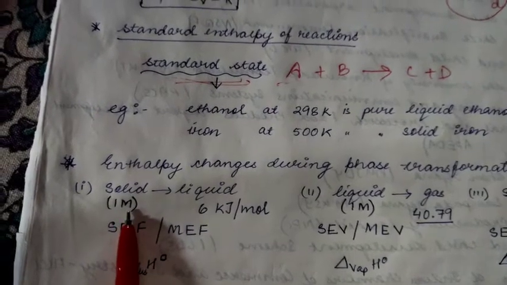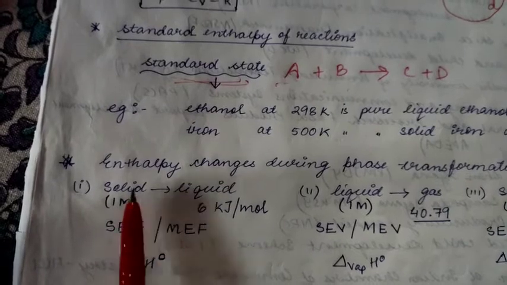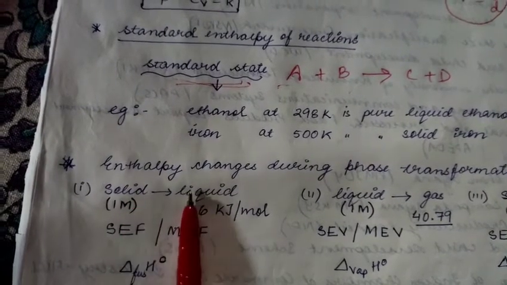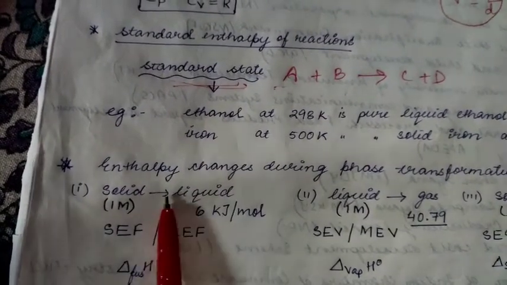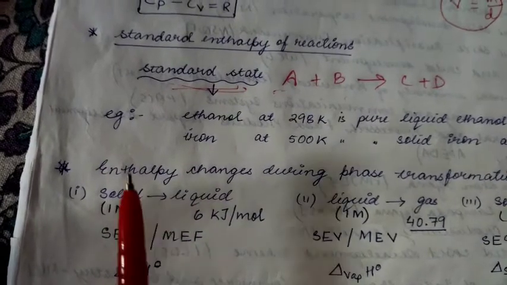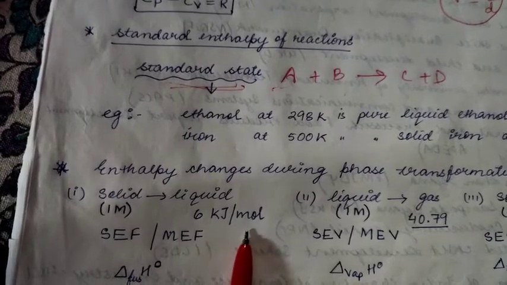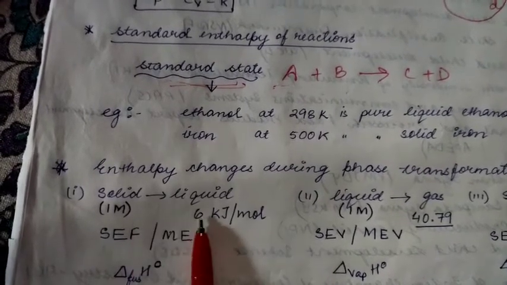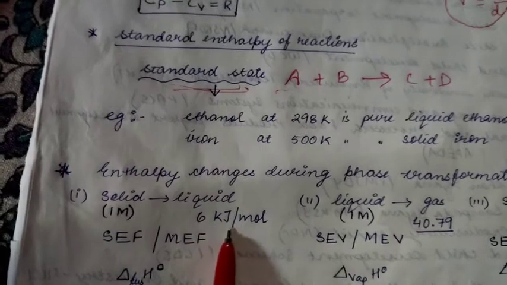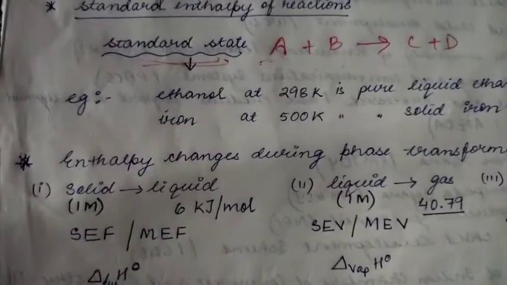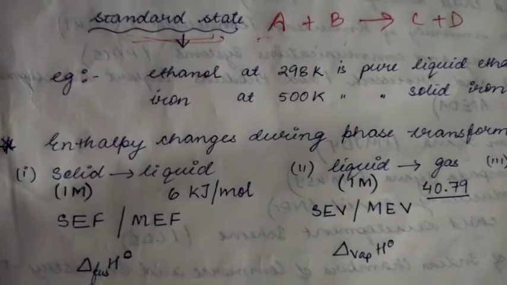Clear? And when we convert, for example, ice to water, solid to liquid, in that ice to water transformation 6 kilojoule per mole is required. Means for every mole of ice it will require 6 kilojoule of heat. Only then can the solid be converted to liquid.